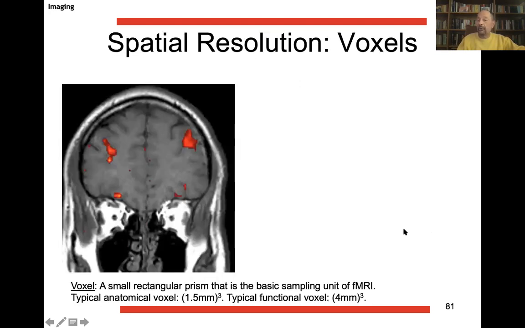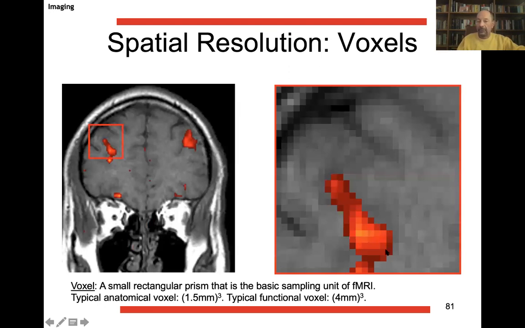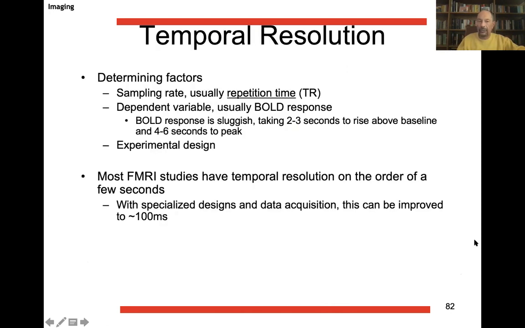The spatial resolution is also important because it gives you the opportunity to identify which areas in the brain are involved. And the typical functional voxel is about 4 cubic millimeters. So it's not a very high resolution, of course.